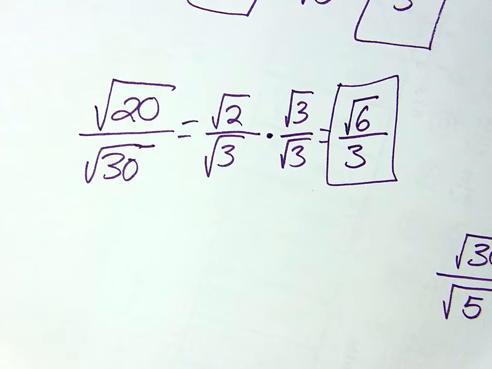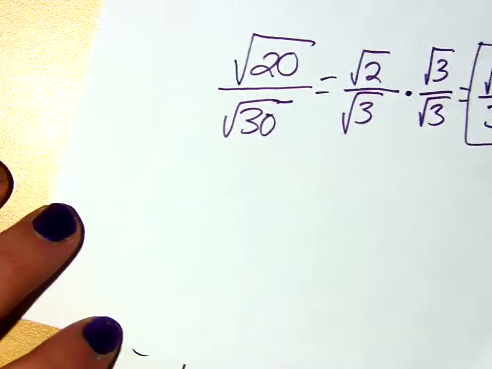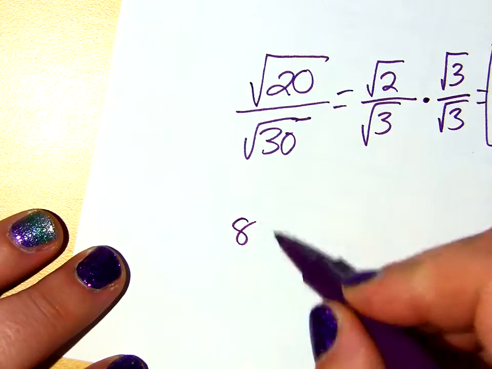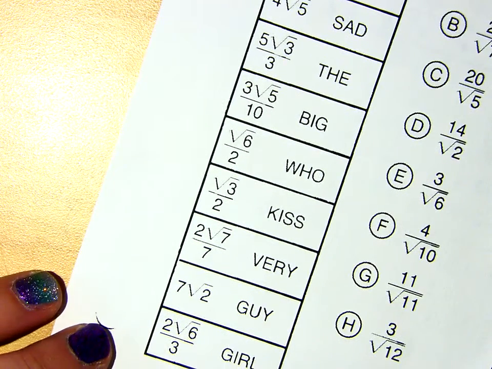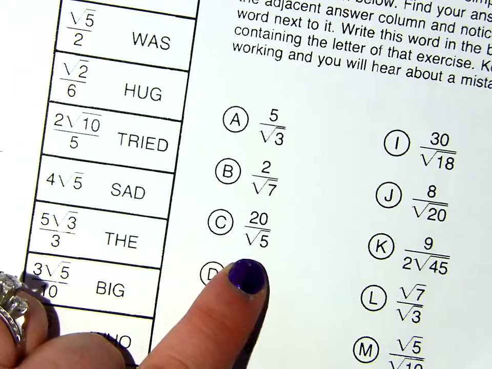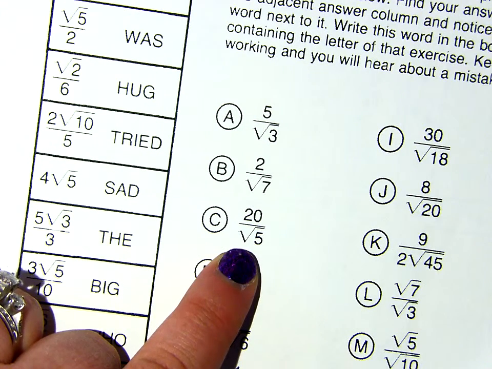So for example, if you look at C on the sheet, you cannot reduce that 20 with that 5 because the 20 is not in a square root, but the 5 is.